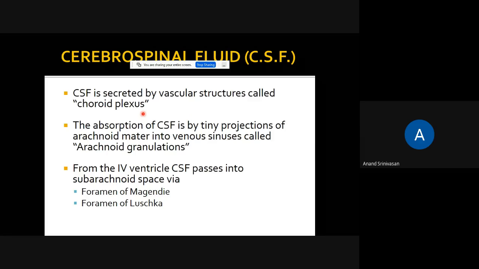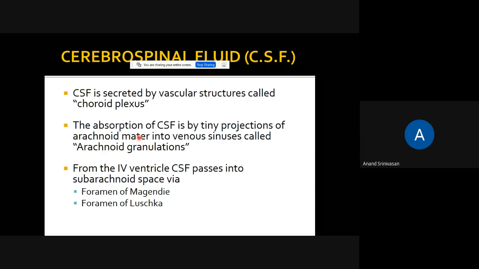Now, what is the one which absorbs? The absorption is by tiny projections of arachnoid mater into the venous sinuses. You know, dura mater, arachnoid mater, and pia mater, right?